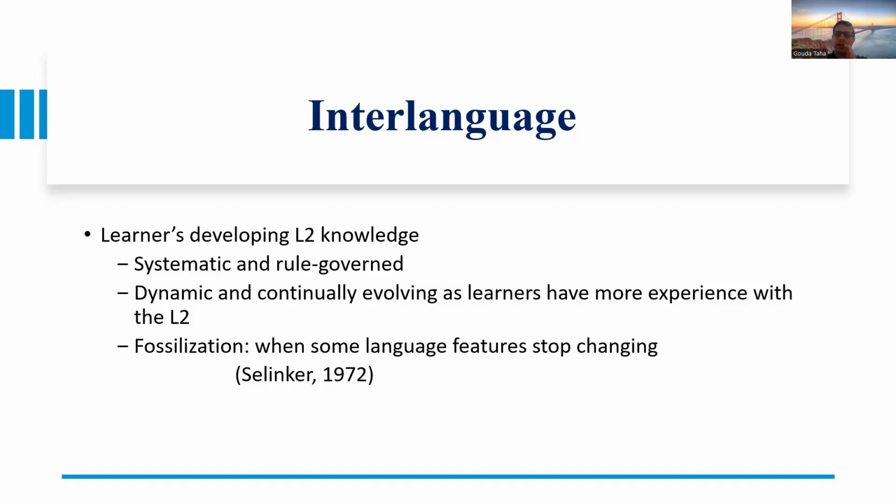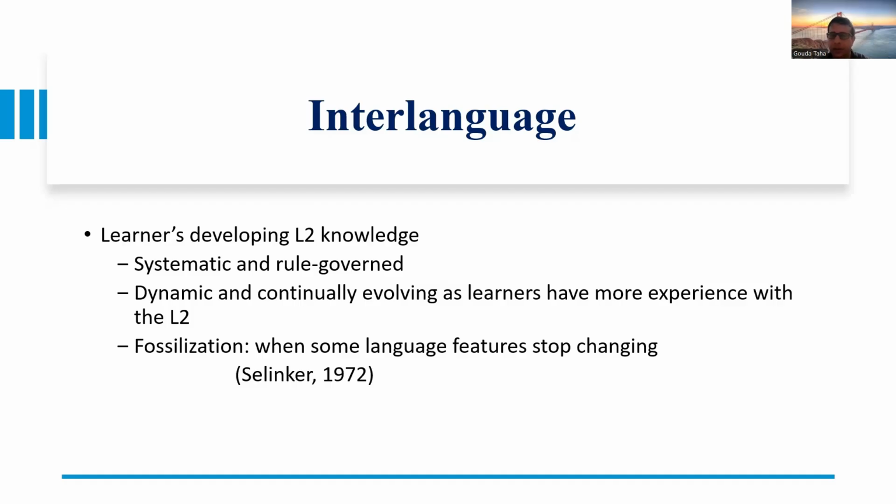So, in your initial stages of learning a new language, you might sound funny because you have a lot of gaps. You're making a lot of transfer from your first language. That's your interlanguage. Because in this case, you're still developing your second language knowledge.